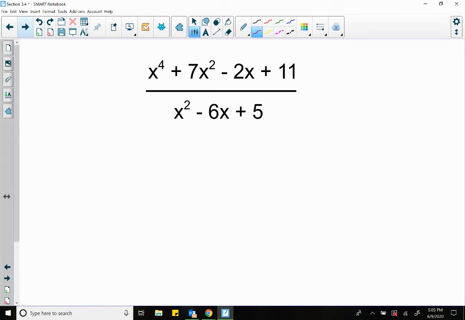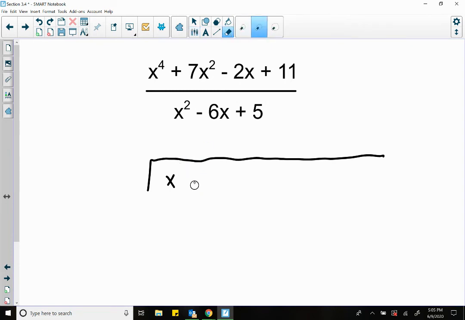What? Again? You're having problems? Well, let's take a look. And yes, again, you should have a minor hiccup on this one. When you write down the numerator under here, you've got x to the fourth. Yeah, fix that. X to the fourth, okay?